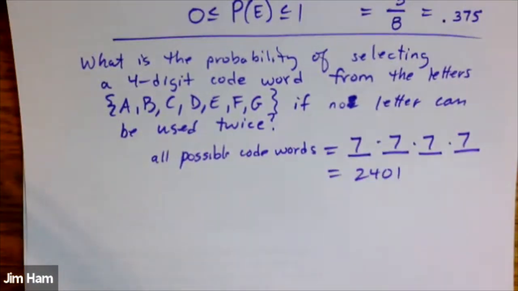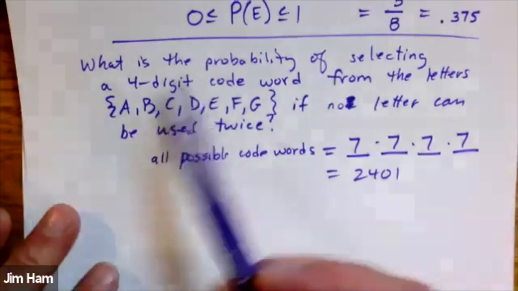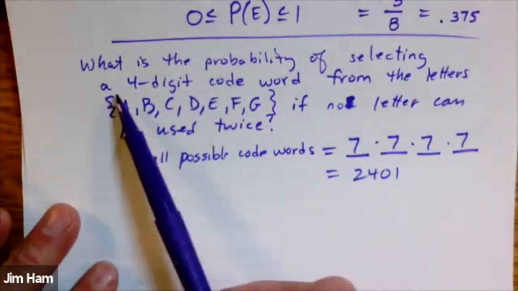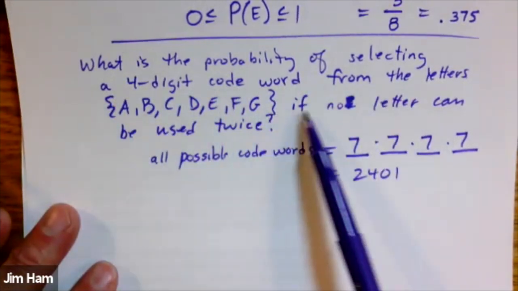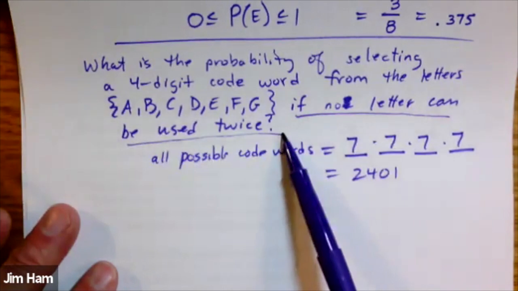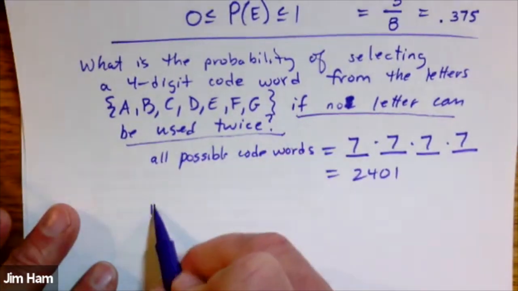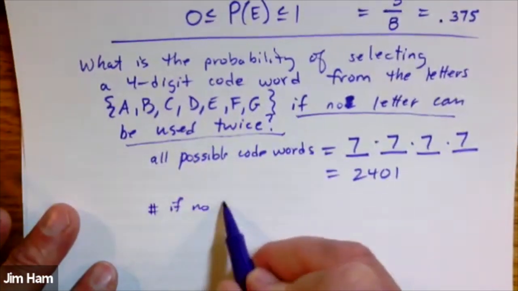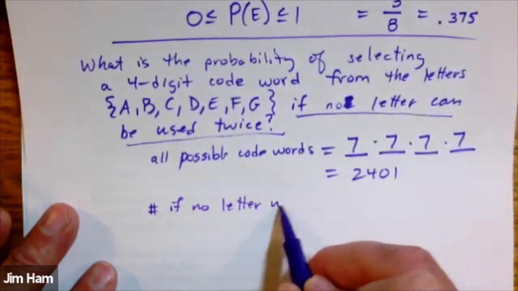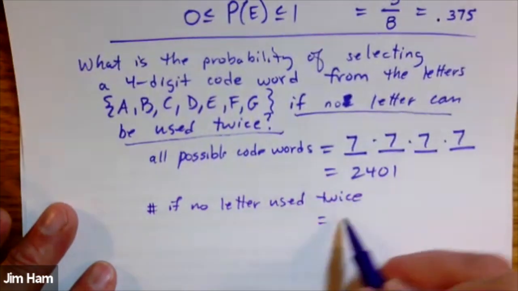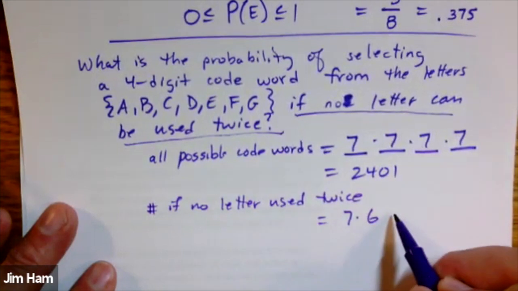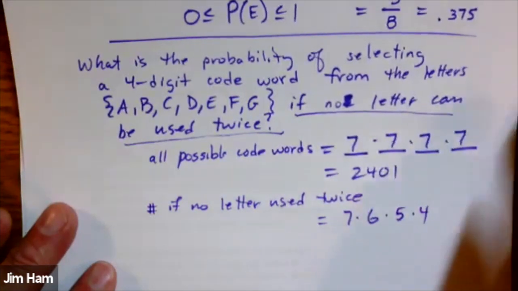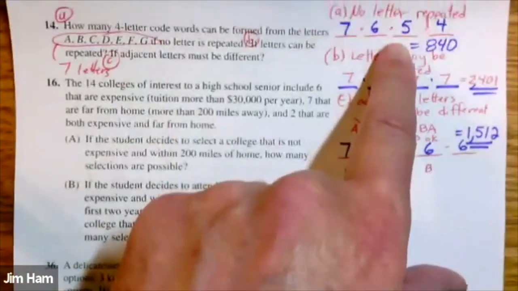Now our event is, what is the probability of selecting a 4-digit code word from the letters A, B, C, D, E, F, G if no letter can be used twice? Well, if no letter is used twice, that was the one where we took 7 times 6 times 5 times 4. That's this one right here.